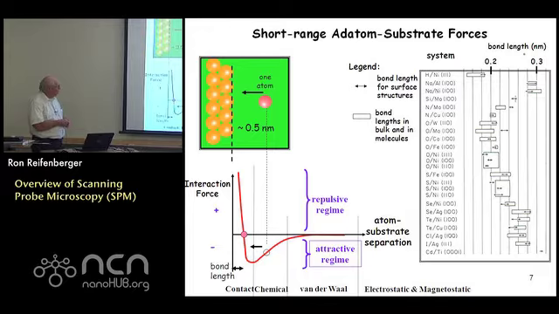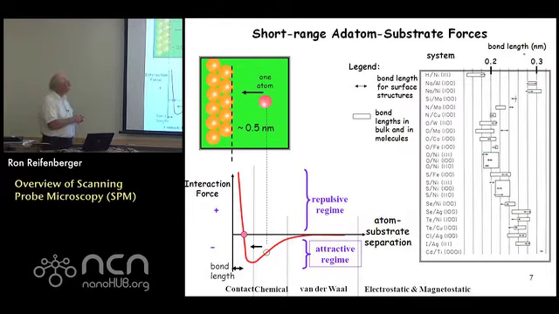And all atoms approaching all substrates have a curve that generically looks like that. Initially, it goes negative, and negative means that initially the atom is attracted toward the substrate by these interatomic forces. Once the atom reaches the surface of the substrate, then there's a strong repulsive force that pushes it back again.